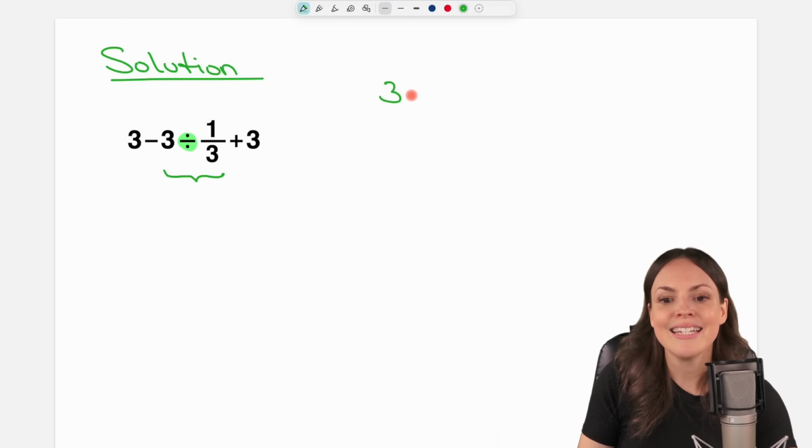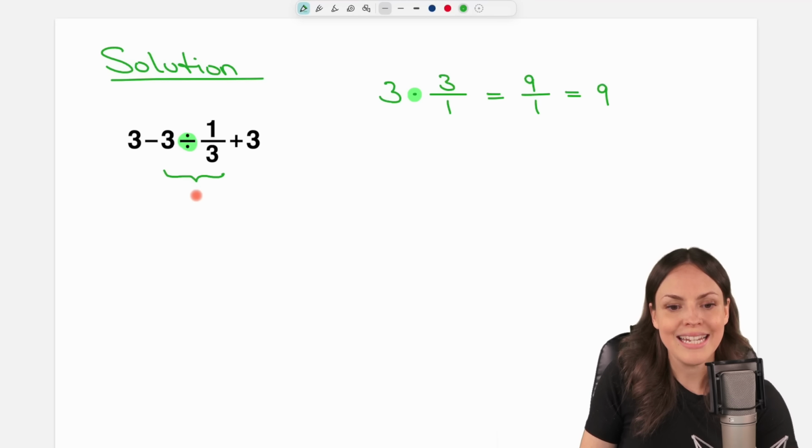So we have 3 times, and now we have to switch these two numbers. We have 3 on top and 1 on the bottom. If we multiply, we have 3 times 3, which equals 9 over 1, and 9 over 1 is just equal to 9. So the result of this division is 9.